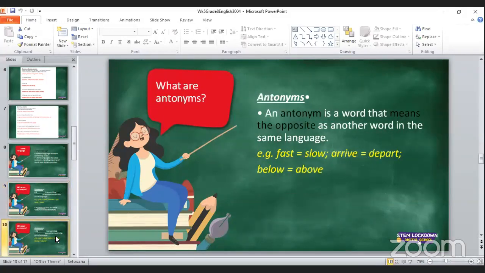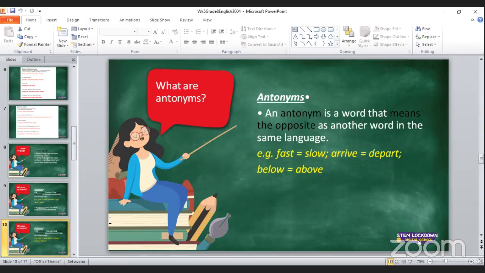Then after synonyms, we have antonyms. Remember that an antonym is a word that means the opposite of another word in the same language. So in other words, an antonym is a direct opposite of a synonym, right? That's why, in the examples, I gave the same words that I used in the synonyms.